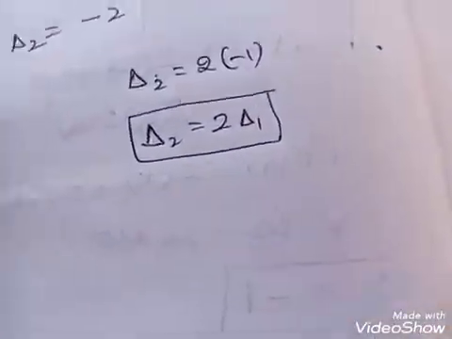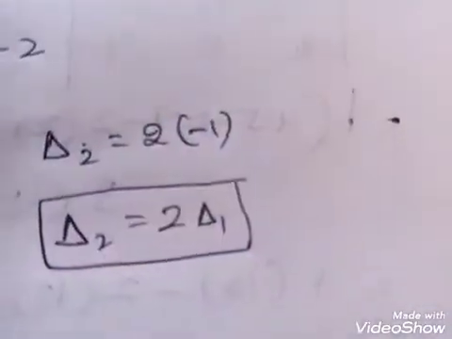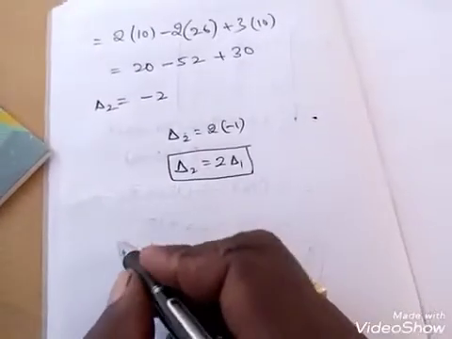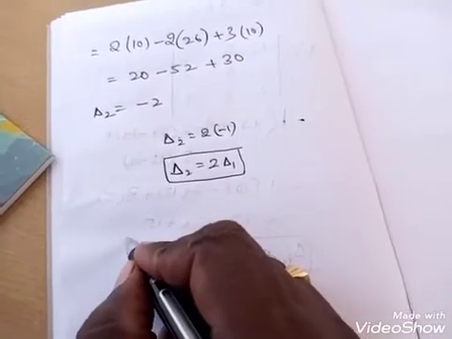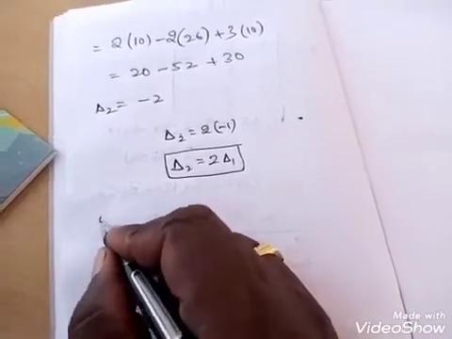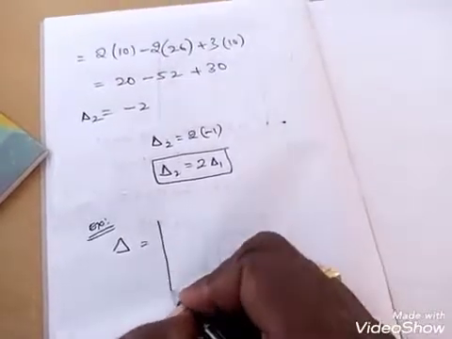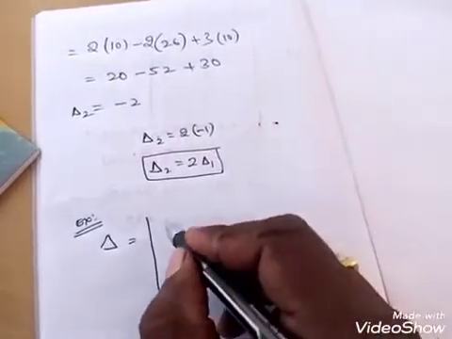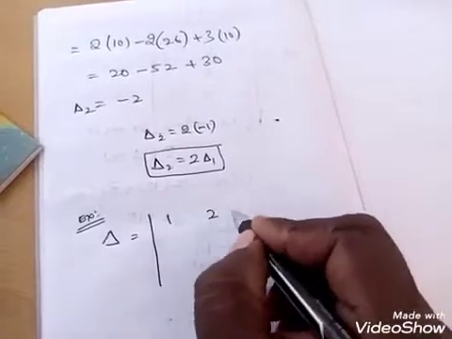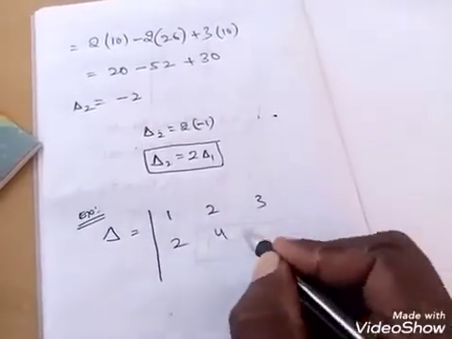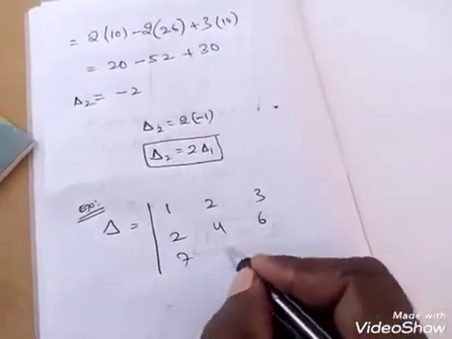Here is where we actually use this property. I will show you one more example, one of the important ones, on how to calculate. I am combining properties 2, 3 and 4 here. The determinant has rows 1, 2, 3; 2, 4, 6; and 7, 8, 9.